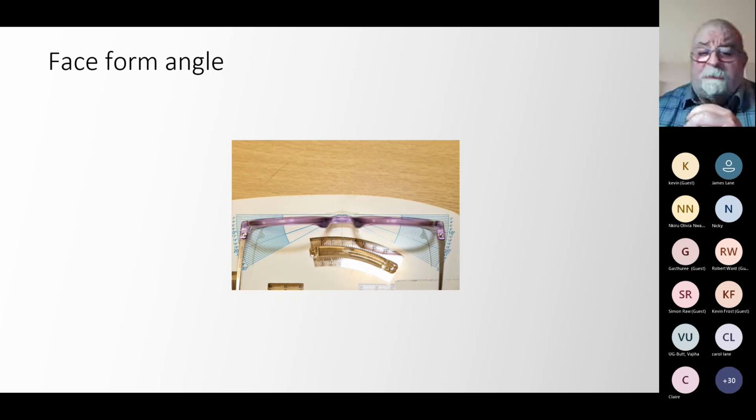In practice, we'll often refer to it, as I said a moment ago, as the wrap angle or the bow angle. I don't really mind what we call it, so long as we measure it, because we need that to be accurate so that when the patient looks left and right, we've got a consistent effectivity.